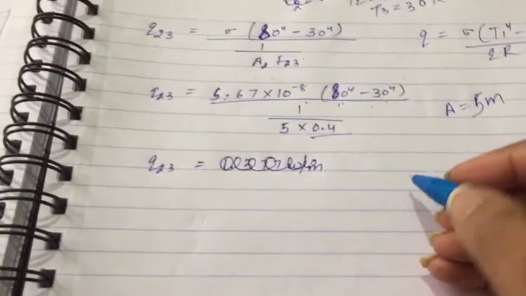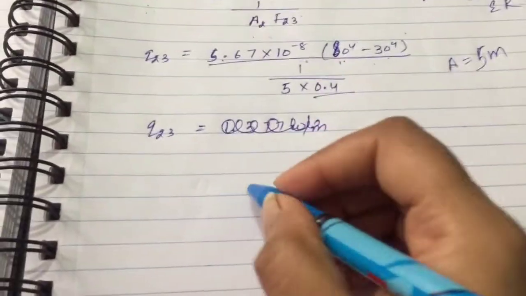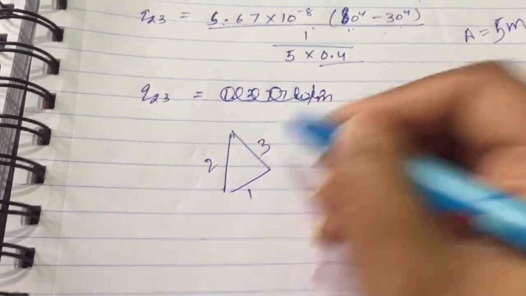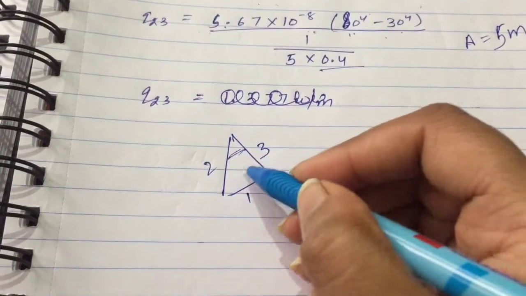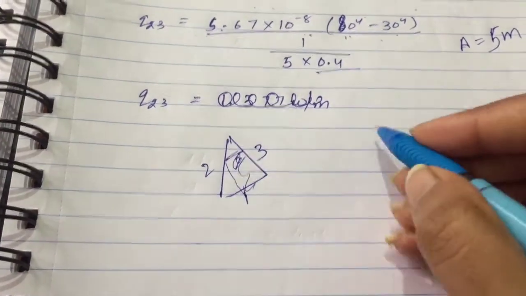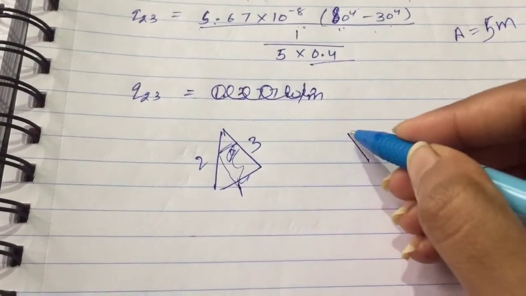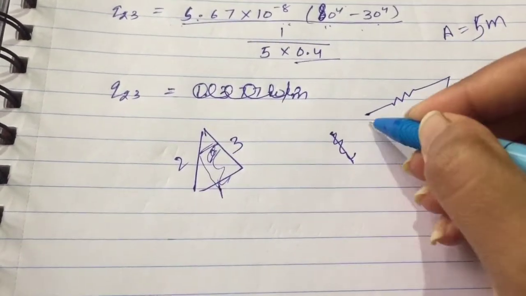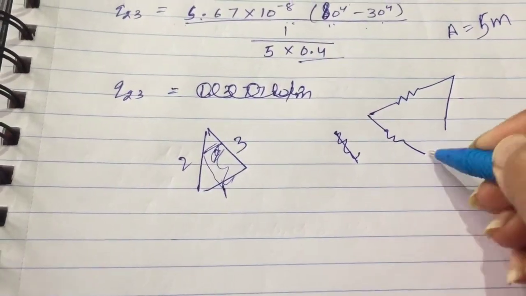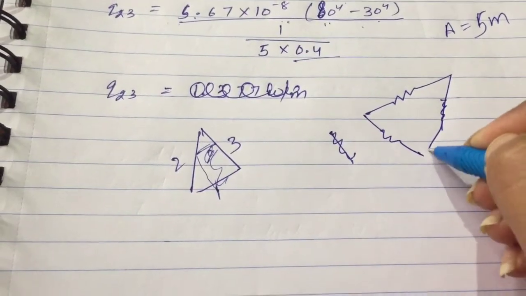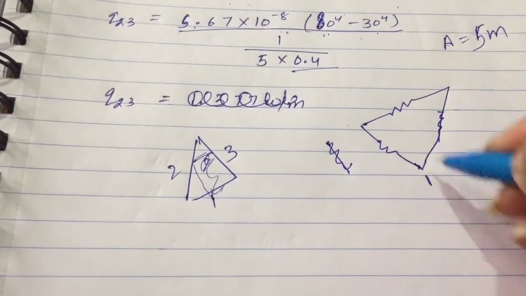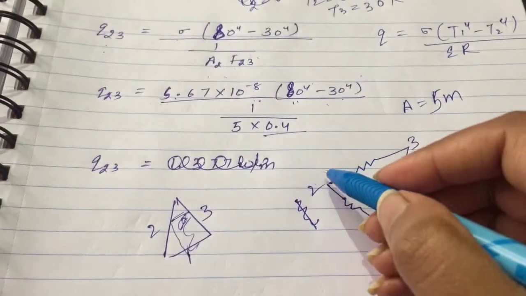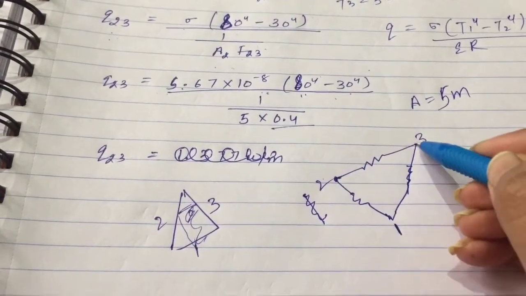So I would once again repeat it for you guys. We had 3 surfaces, 1, 2, 3, and between these there is some space resistance, so we draw our resistance network diagram for these. We have to calculate heat transfer between surface 2 and surface 3.